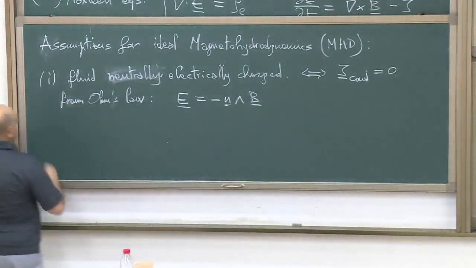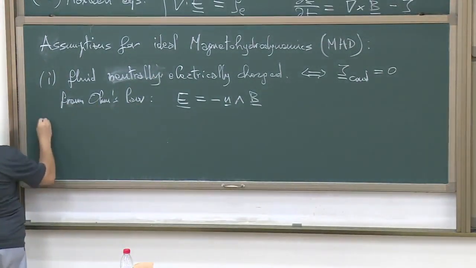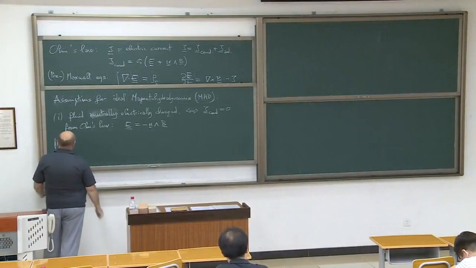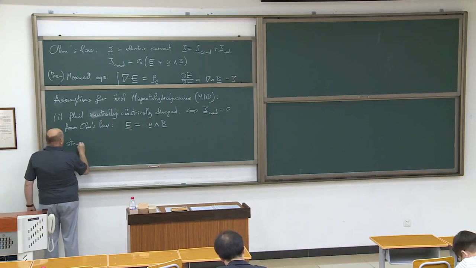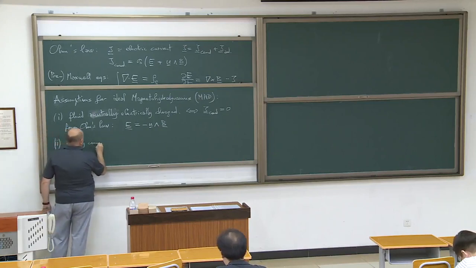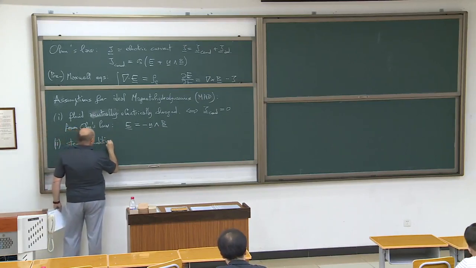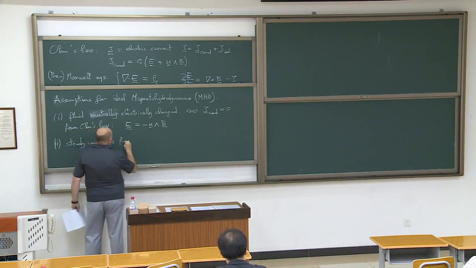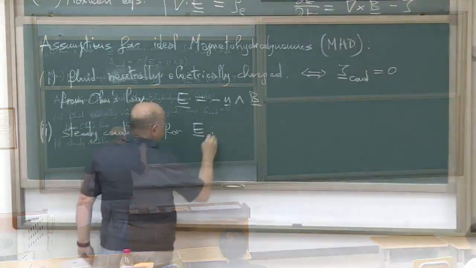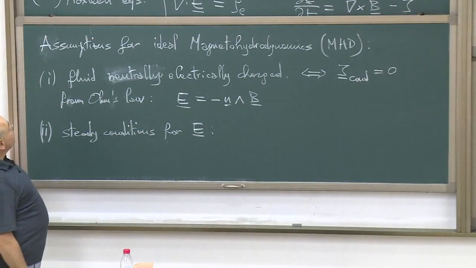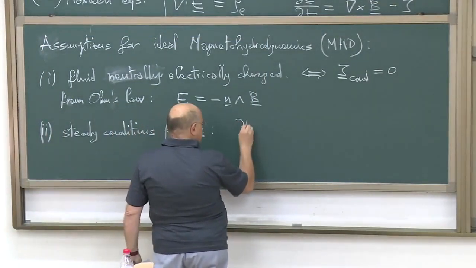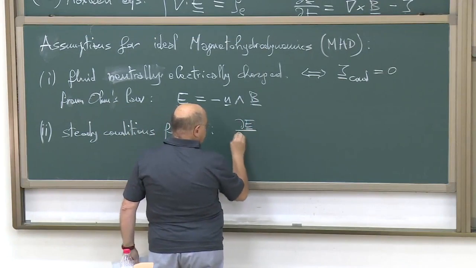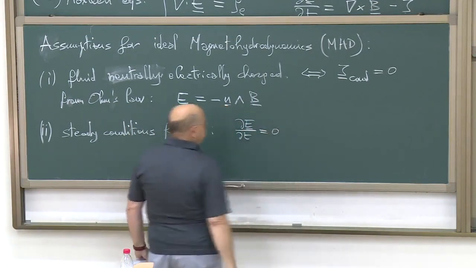Okay, the second assumption is a steady condition for E. If E is steady, that means dE/dt is 0.